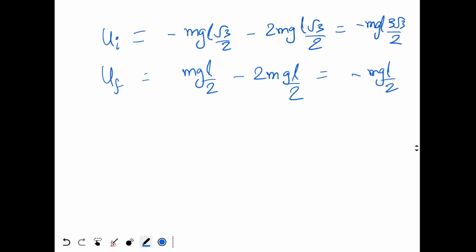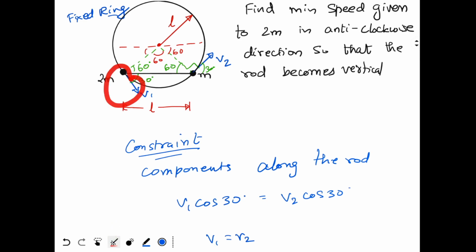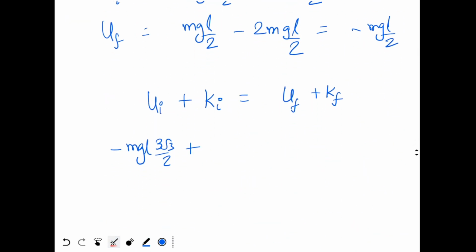Now initial potential plus initial kinetic energy should be equal to final potential plus final kinetic energy, conservation. So minus mgL into 3 root 3 by 2 plus initial kinetic energy is how much? Both the particles have same velocity, so I can just write down total mass m plus 2m into v square by 2. This is equal to final potential energy, minus mgL by 2, and final kinetic energy is 0.